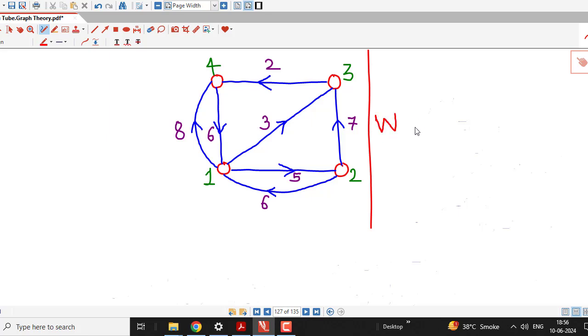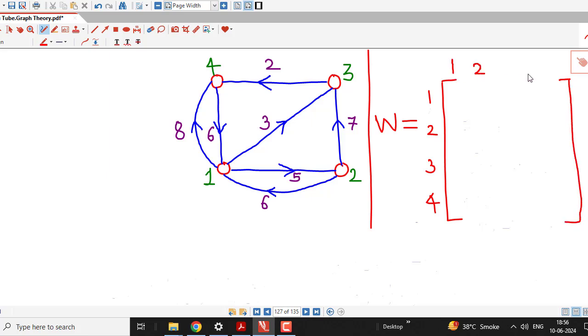To write down the weight matrix, I will write vertices 1, 2, 3, 4 for the rows of the matrix, and similarly for the columns I will write 1, 2, 3 and 4, and the entries of this matrix are nothing but weights.